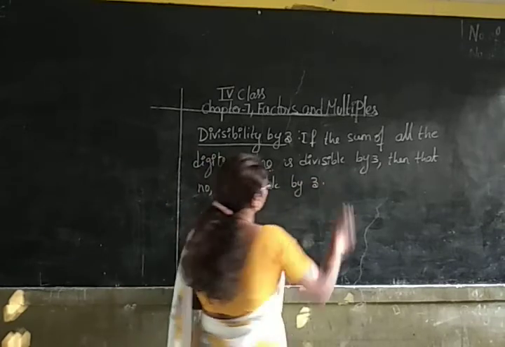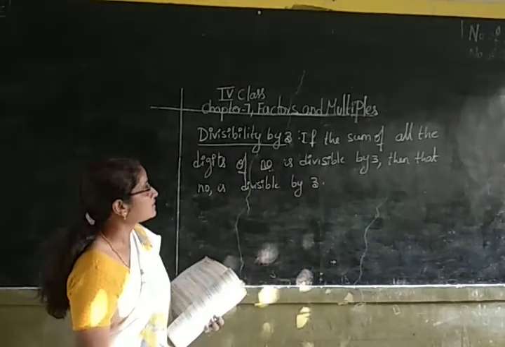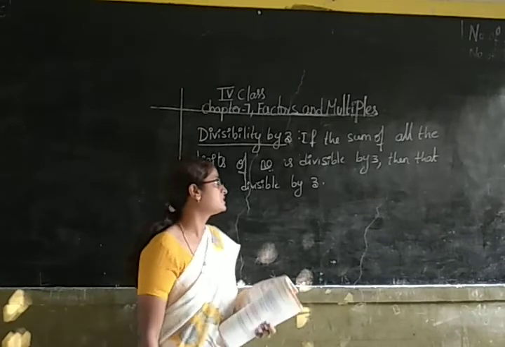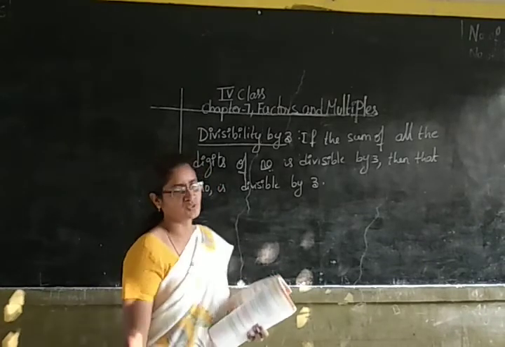Okay, children? So if the sum of all the digits of a number is divisible by 3, then the number is divisible by 3.